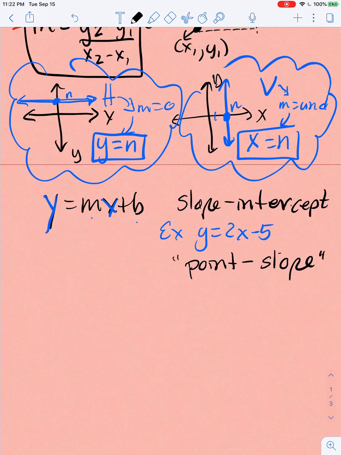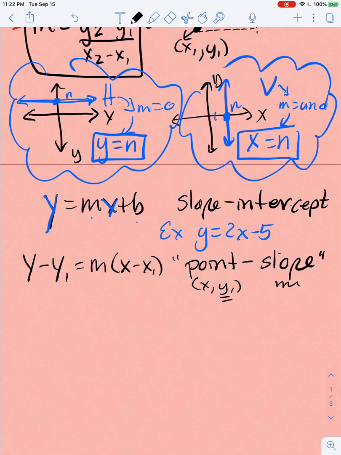Point slope, these are telling you exactly what's in it. So if you knew a point like an x1, y1, and you knew the slope, then you could easily use this formula. So the formula is that you take y minus y1, which is going to be from the point it goes through, equals m, and then times x minus x1, which is the x value that it went through.